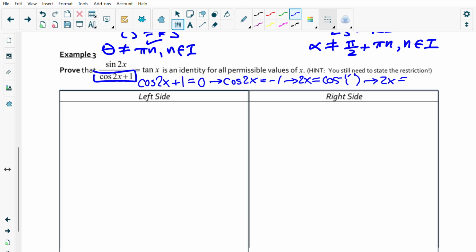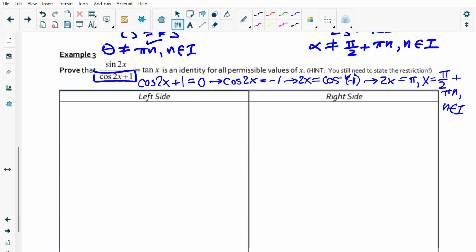That's not 0, that's 1. Sorry, that's negative 1. Okay, so 2x equals pi. x equals pi over 2 plus pi n, where n is an element of all integers.